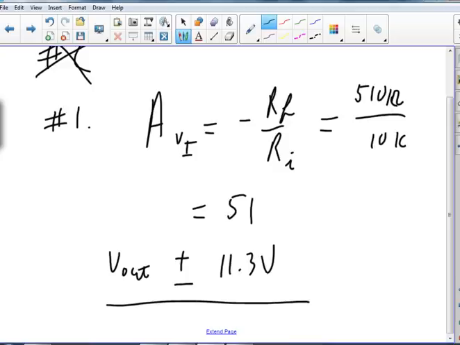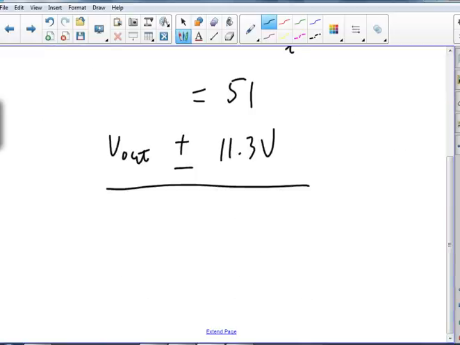All right, so much for number 1. So that's my gain, and my voltage out could be anywhere between plus or minus 11.3.